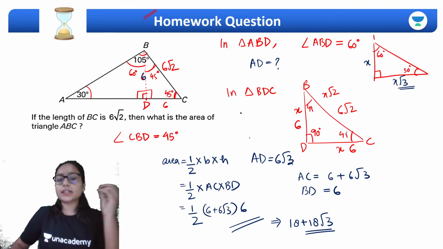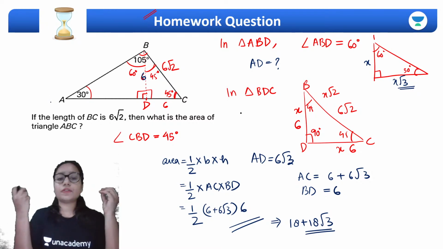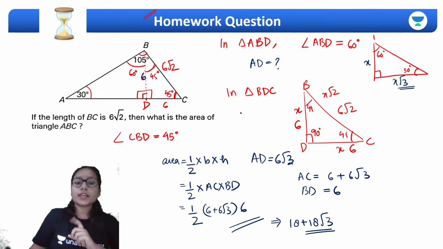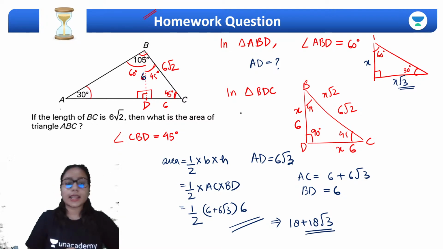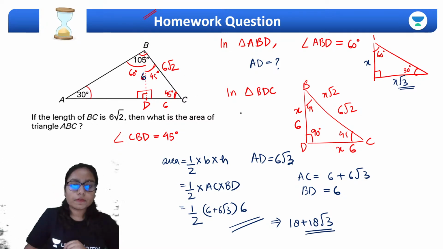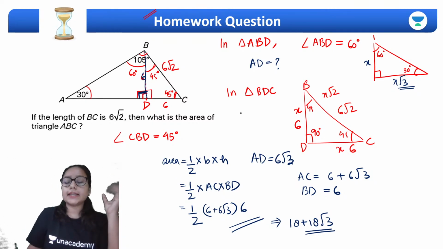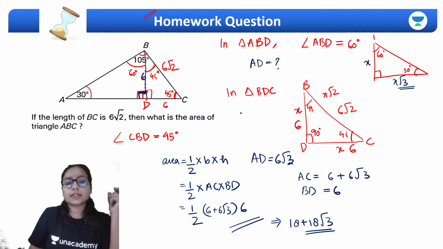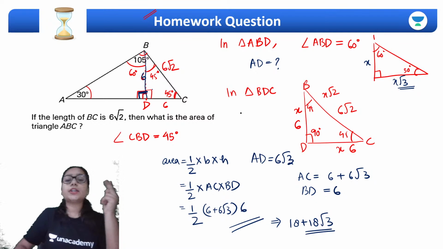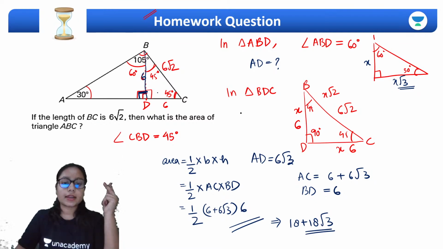What we have done is that we had to find the area of triangle ABC. For that I need the height and the base. So we drew the height of this triangle, BD. BD is the height, perpendicular from B to AC. So this is 90. If this is 90, this is 30, so this is 60. This is 45, this is 45. So we get two special triangles, right?